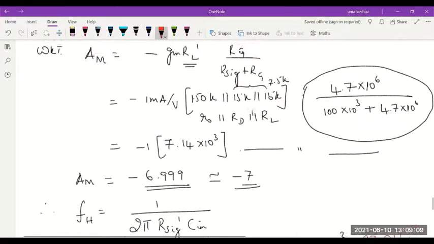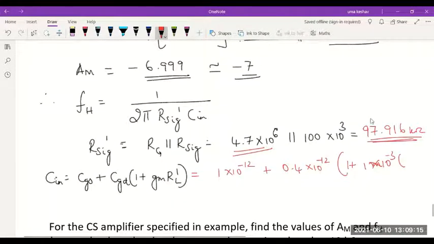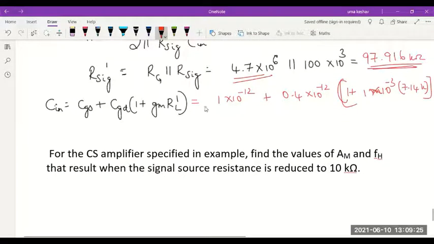RL dash we got it as 7.14 K. Just check out how much this is. C in, what would you get?